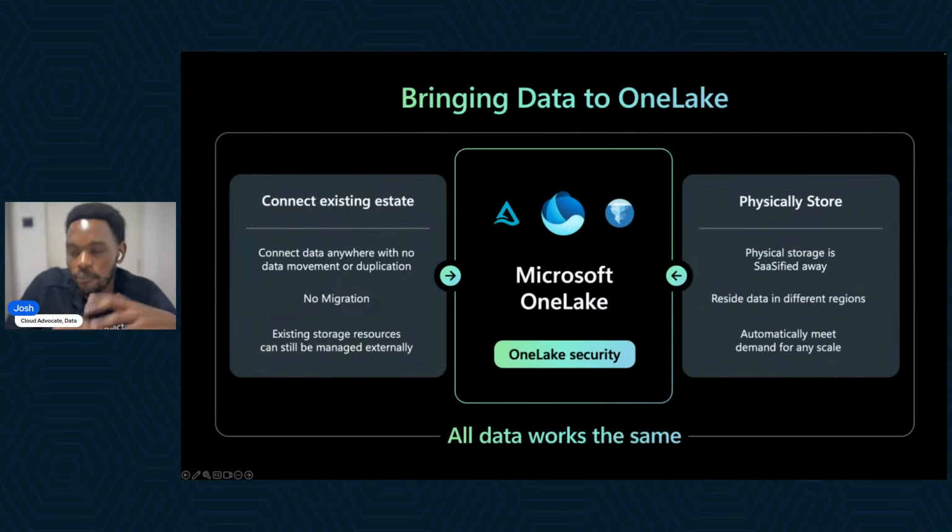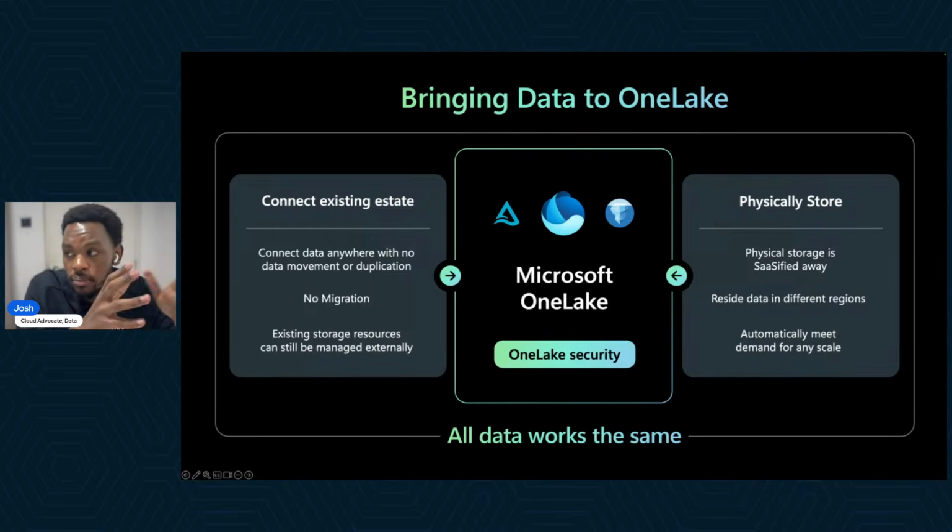So when we think about OneLake, you have the capability to connect to your existing estate, and that's what I've been talking about with Data Factory, your ability to connect and integrate to your already existing sources. In that case, you might do some data movement from those sources into OneLake. But in some cases, you might want to connect data without data movement or data duplication, where you do zero migrations, and you continue managing existing sources externally, but still bring that data into OneLake.